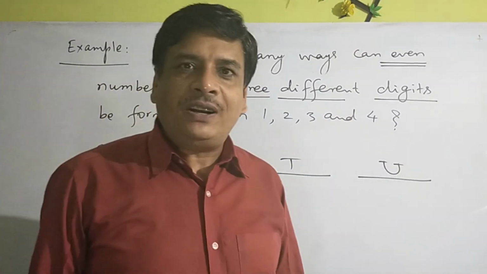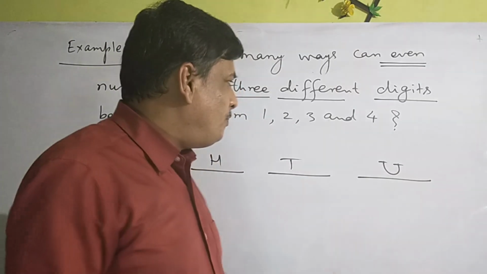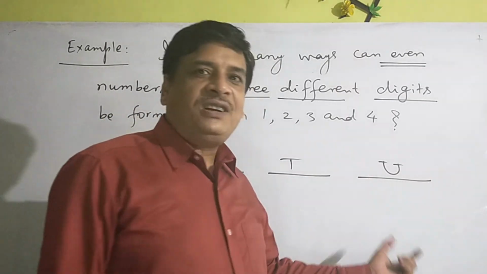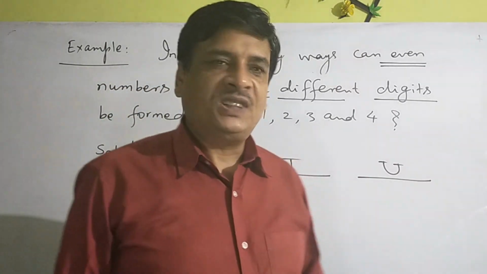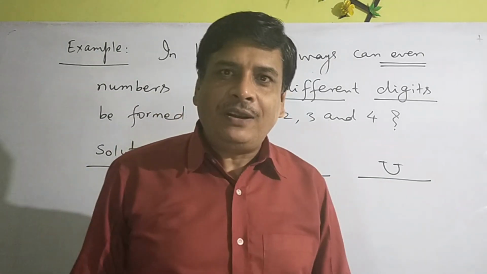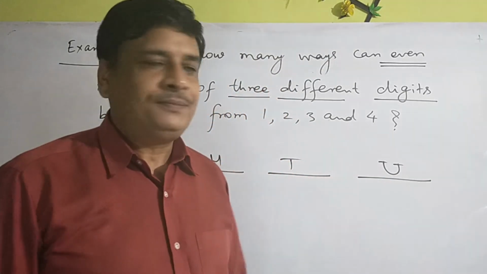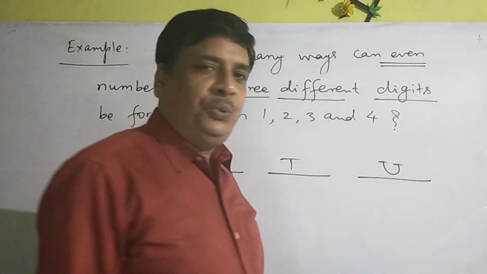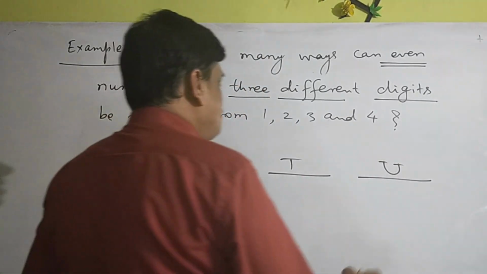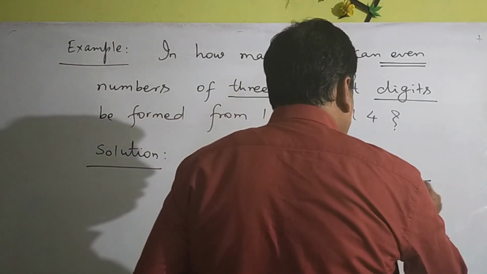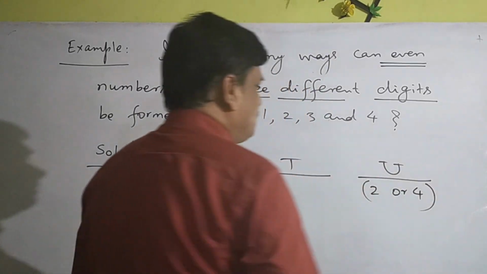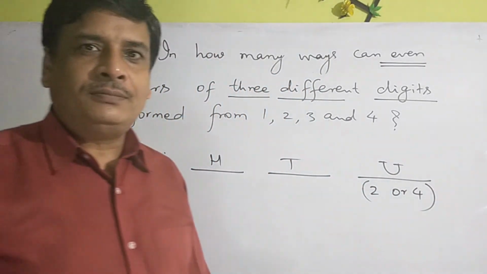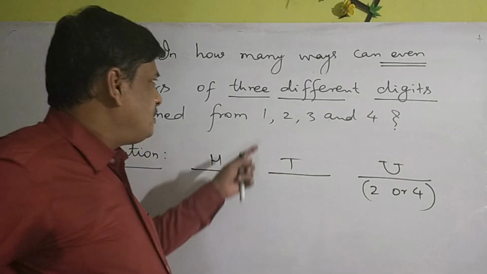And the even number, how do we decide? By the digit at the unit place. If the digit at unit place is even, the number will be even. So, unit place can be filled up by 2 or 4. Any one of them can be taken at the unit place.